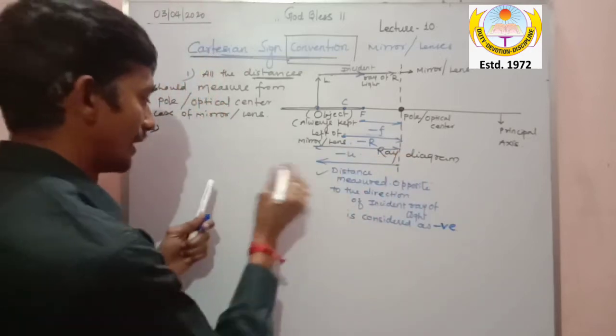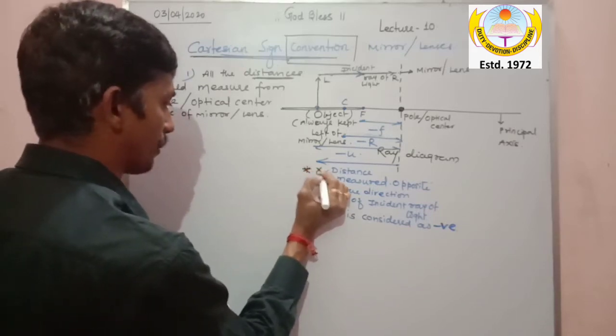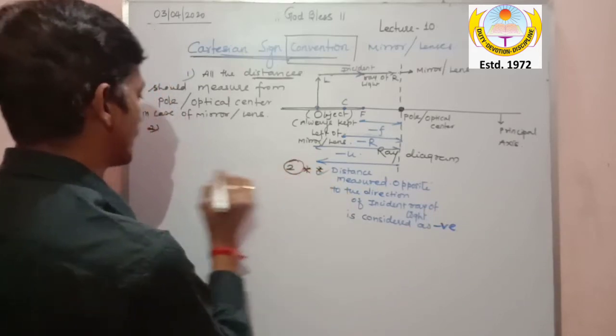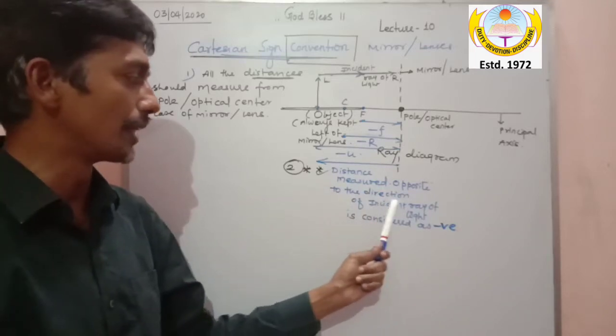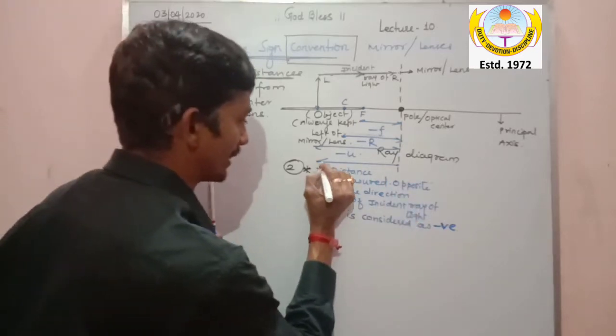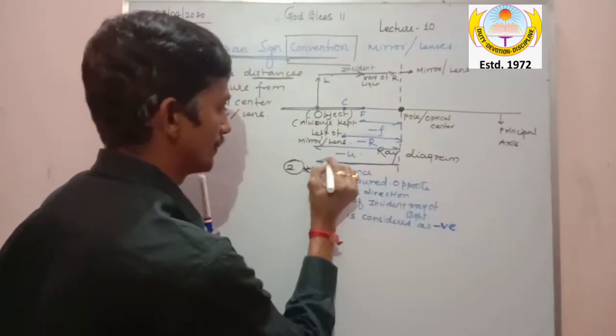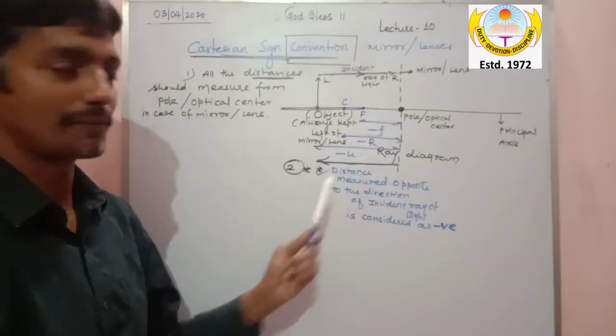This is point number 2, Cartesian sign convention 2: distance measured opposite to the direction of incident ray of light is considered negative. Here I am measuring this distance, so all this will be minus.